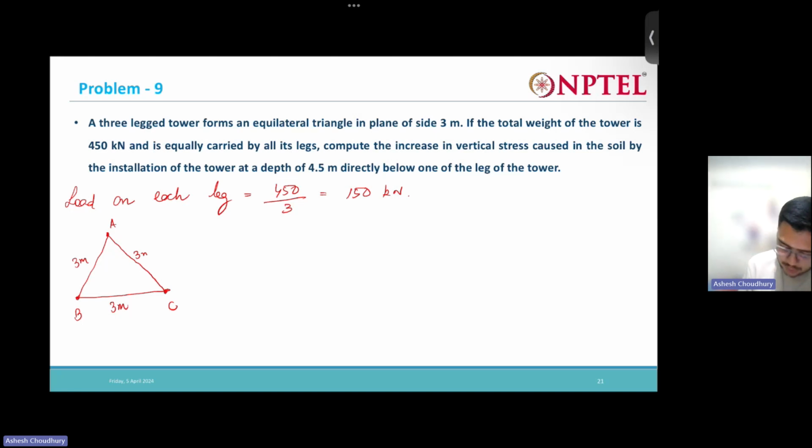Now where do we need to find out the stress? Where do we need to compute the increase in stress? Directly below any one of the legs we need to find out, right? So this point, so contribution of this one, this one, and this one. There are three things we need to do.